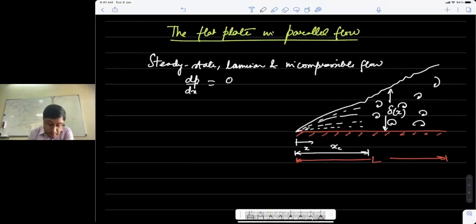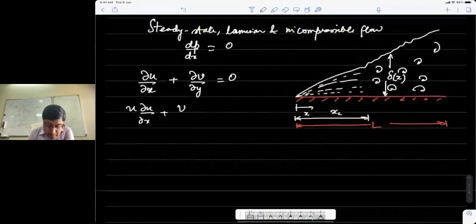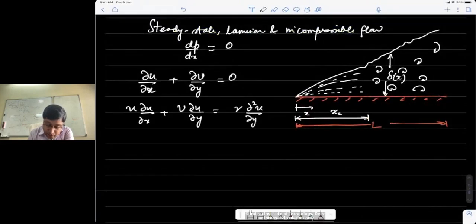So the governing equations become just the continuity, du dx plus dv dy is 0, and the x momentum, which is u du dx plus v du dy, is nu times d2u dy squared.